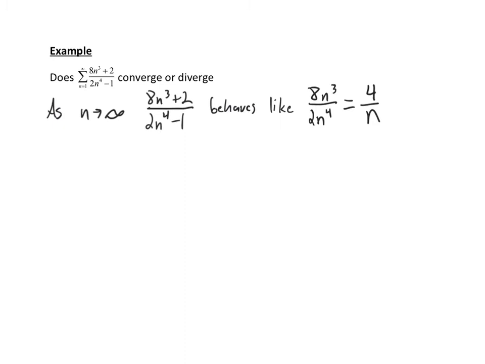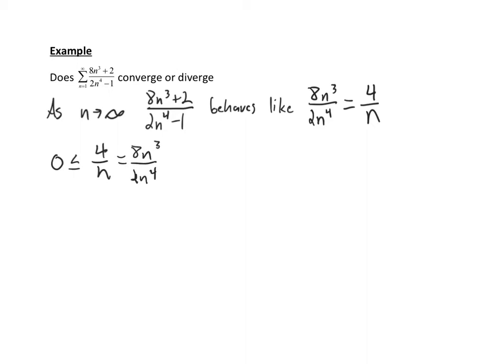Now, the next comparison that we want to make is we want to think, okay, how are all these things related? Well, 0 is always less than or equal to 4 over n. As n gets very large, obviously this has to be a positive number, which equals this 8n cubed over 2n to the fourth.